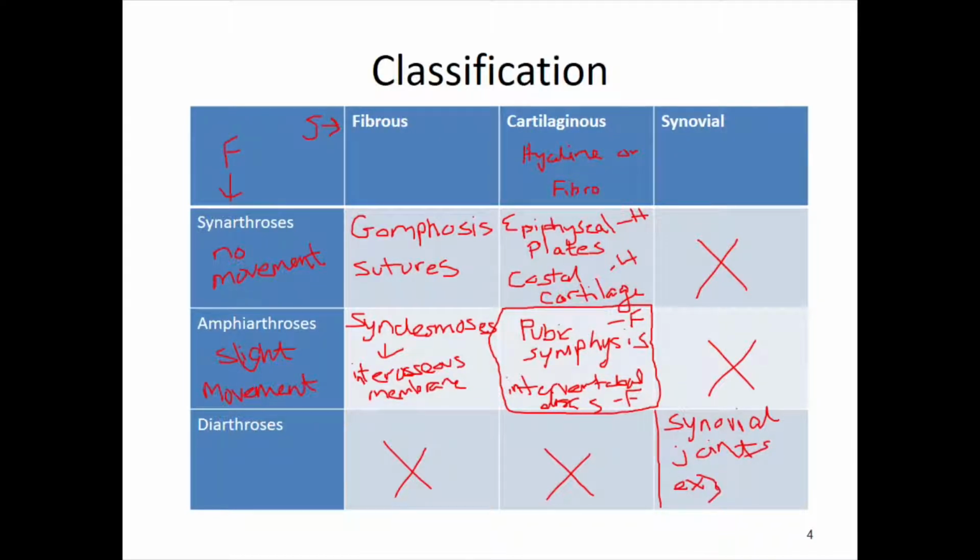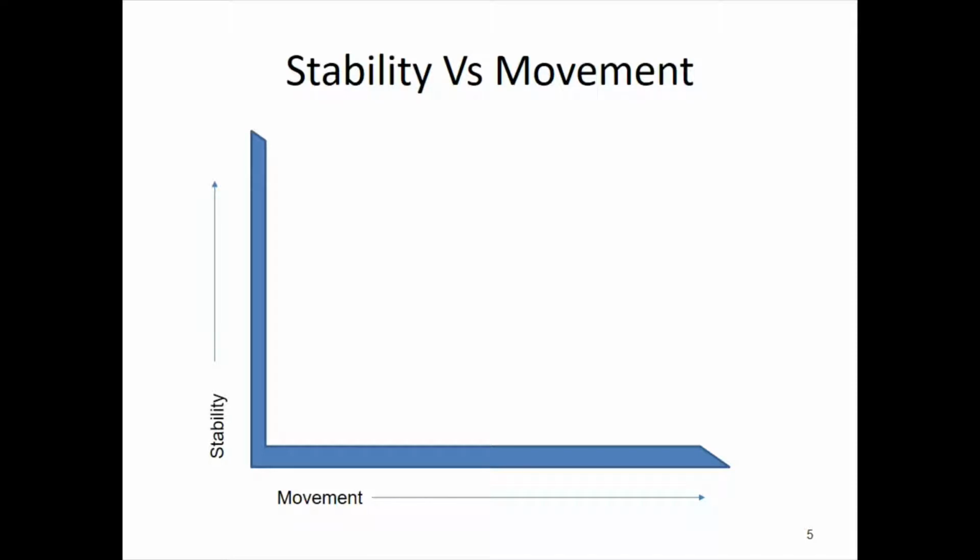So your knee joint. So if we were going to think about a fibrous synarthrosis, which is not freely moving, we'd want it over here, low on the movement scale, but the dense regular connective tissue is pretty stable. So if we're going to place a point on this graph, it would be here. Now the synovial joints, as you allow for lots of movement, you're actually going to compromise on the stability.